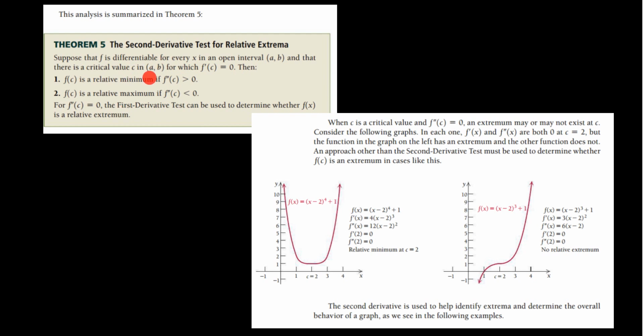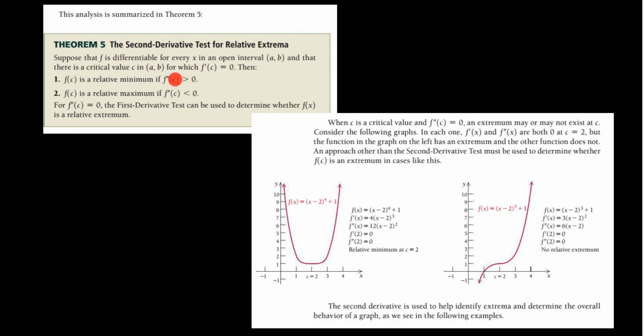I know it doesn't seem right, but you just get used to it because the intervals a to b are used quite often. But anyway, the function at c is going to be a relative minimum if the second derivative there is greater than 0.